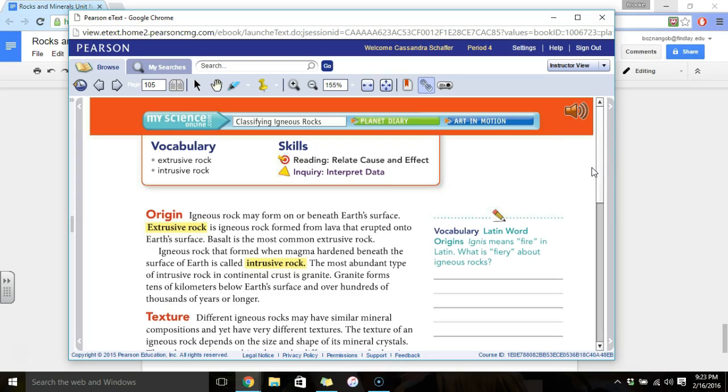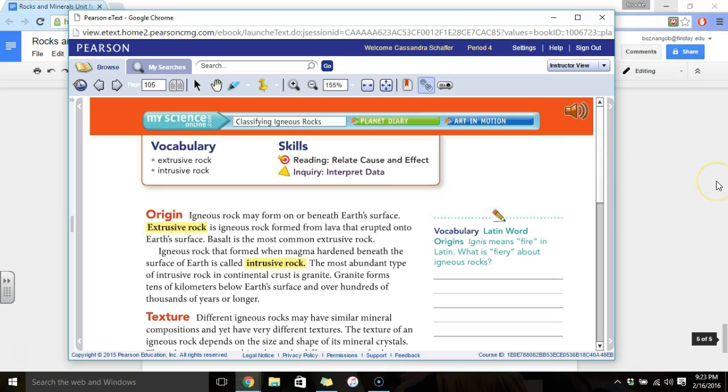Igneous rocks that form when magma hardened beneath the Earth's surface is called intrusive rock. The most abundant type of intrusive rock in continental crust is granite. Granite forms tens of kilometers below Earth's surface and over hundreds of thousands of years or longer.